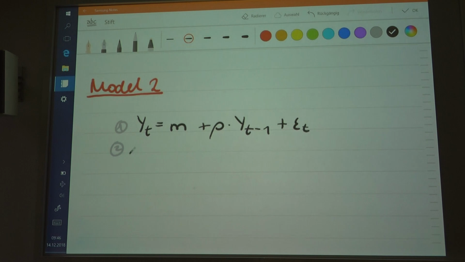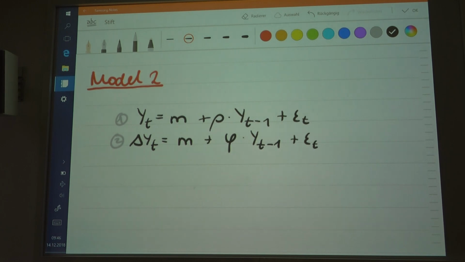The second part, which is equivalent to that, is m plus phi times yt minus 1 plus the noise. Here you have to be careful, because phi is equal to rho minus 1, but I'm using a reparametrization for the constant as well.